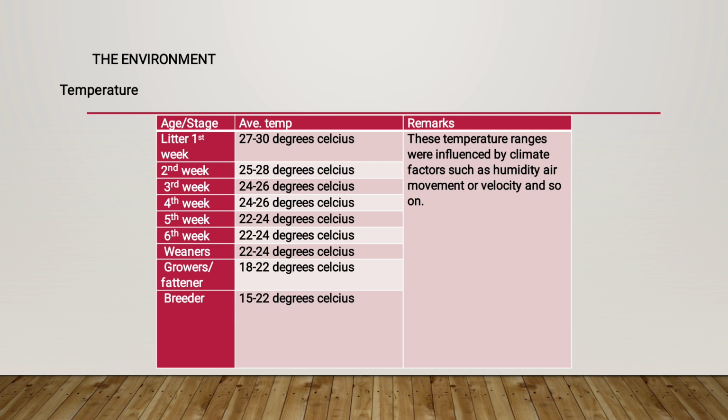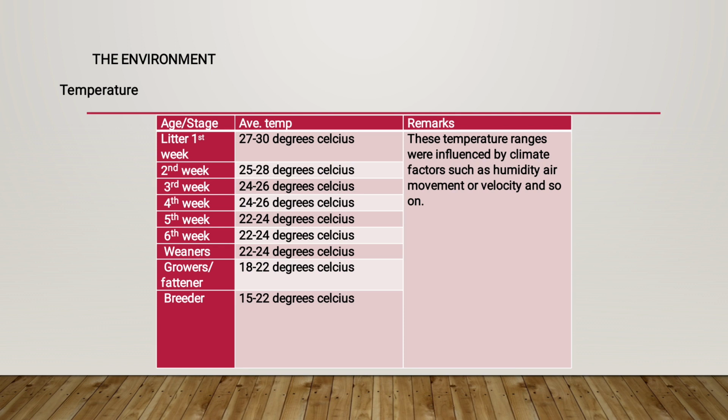For the second week, 25 to 28 degrees Celsius. On the third week, 24 to 26 degrees Celsius. And fourth week, same as also on the third week. Then fifth and sixth, and up to weaners, 22 to 24 degrees Celsius.